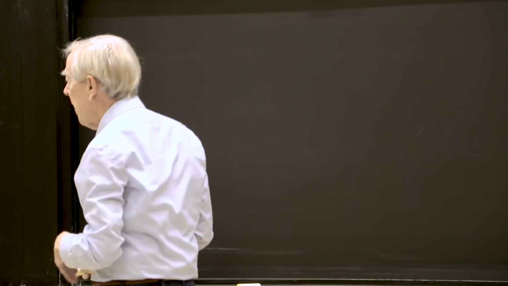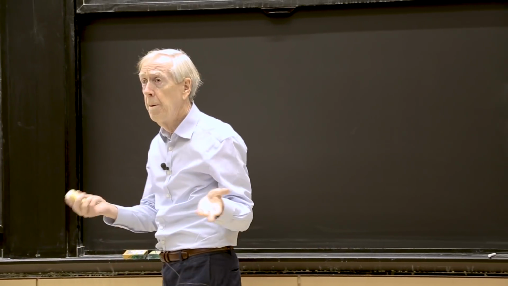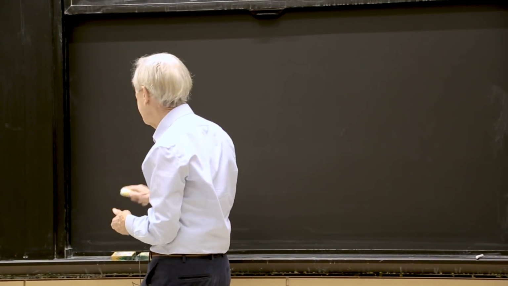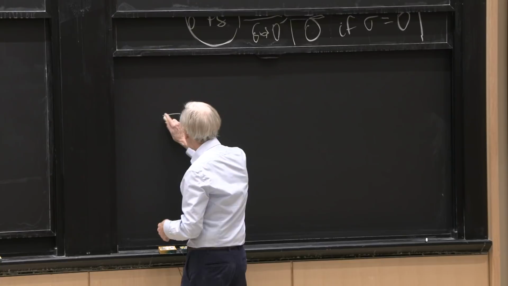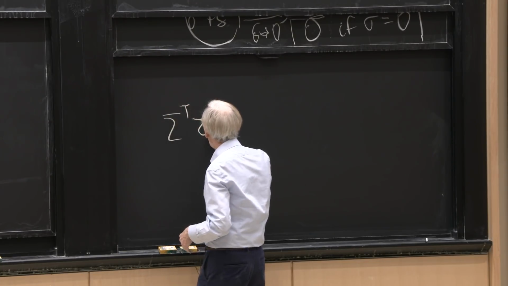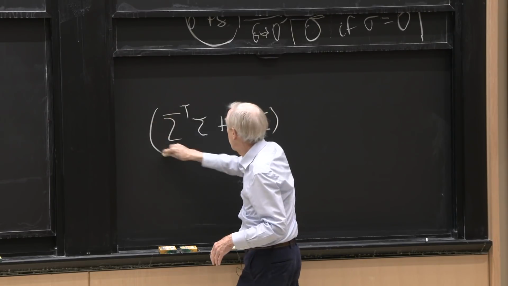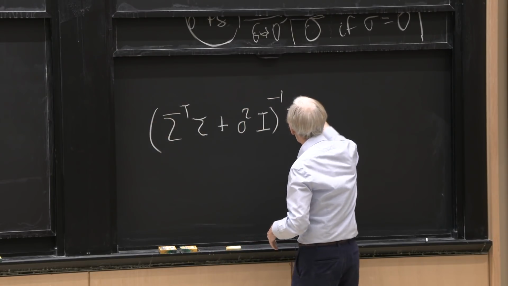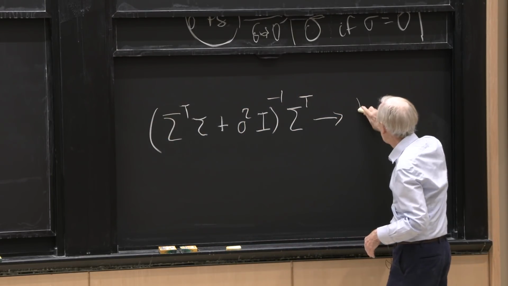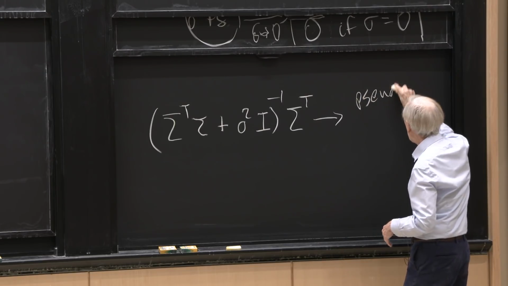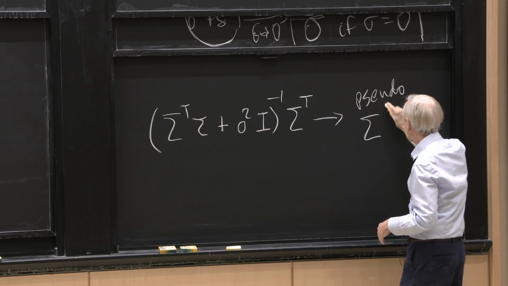A special case of that, but really the genuine case, would be when A is sigma. Sigma transpose sigma plus delta squared I, inverse, times sigma transpose, approaches the pseudo inverse, sigma plus.